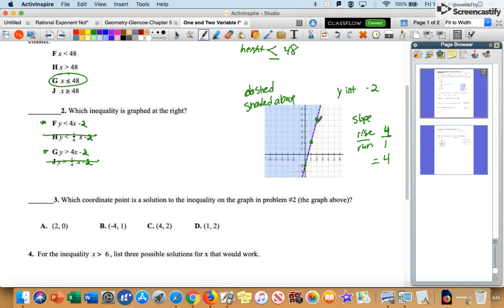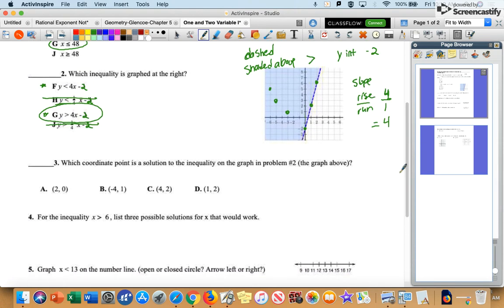That means all of the possible points, x, y values that work, that if we plugged into our x and y values in the inequality would make true statements, and they're above the line. So above, it's shaded above, you should be thinking, okay, well, that must be a greater than symbol. So therefore, our answer is going to be y is greater than 4x minus 2, and that would be G.